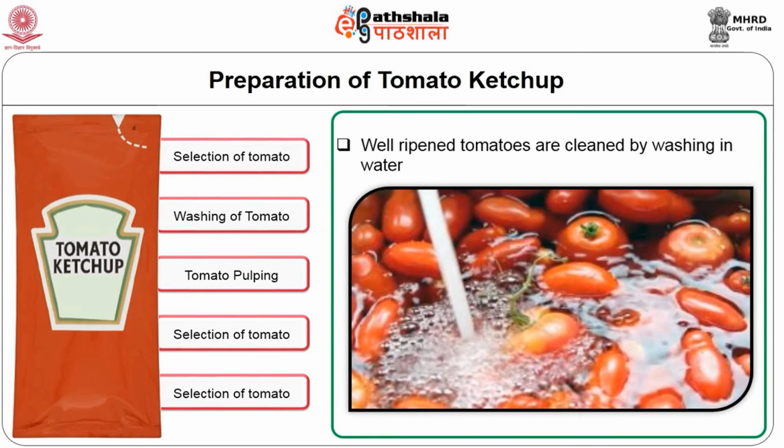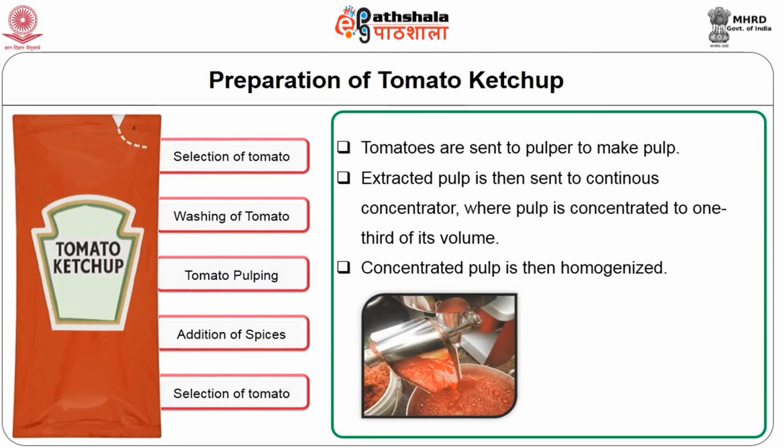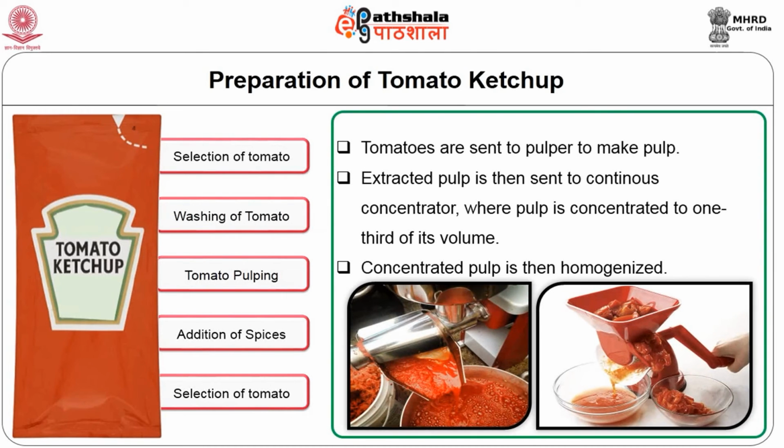First step is washing. Well-ripened tomatoes are cleaned by washing in water. The tomatoes are then sent to the pulper to make into pulp. The extracted pulp is then sent to a continuous concentrator, where the pulp is concentrated to one-third of its volume.